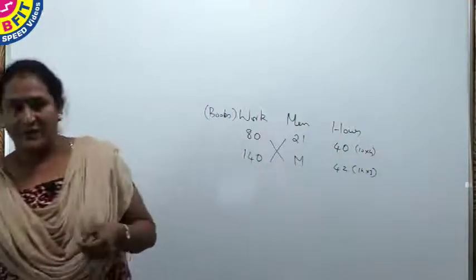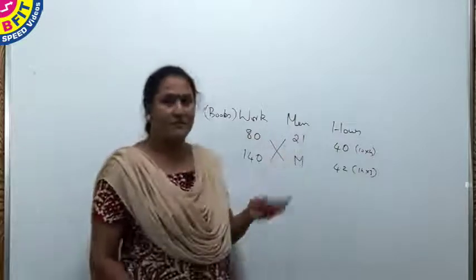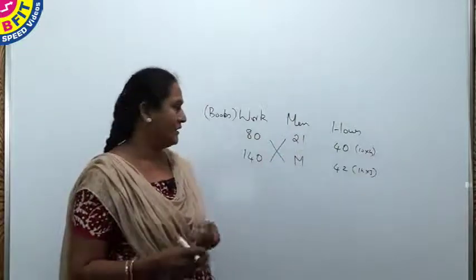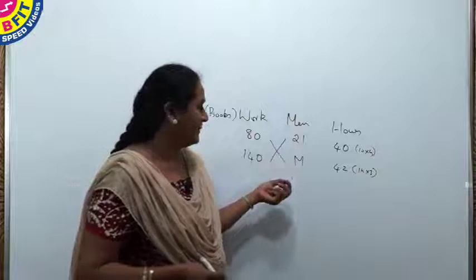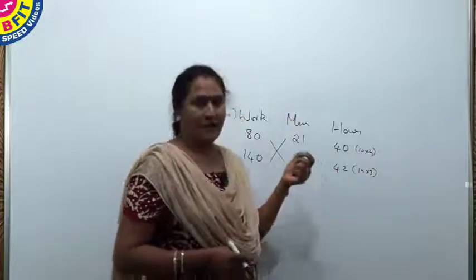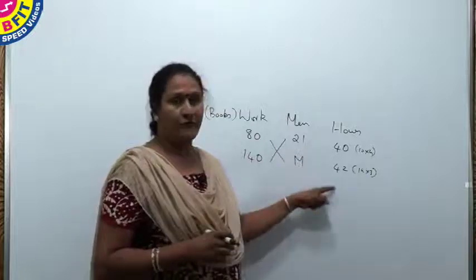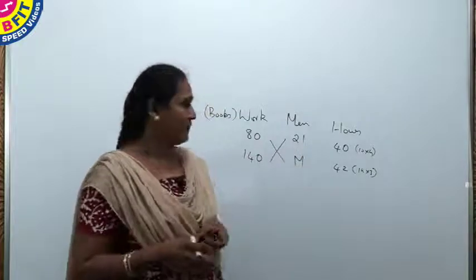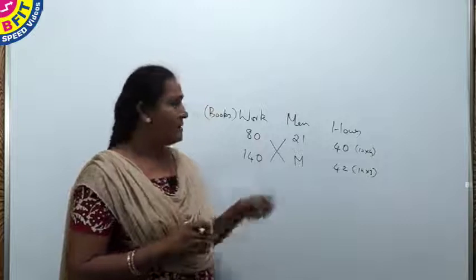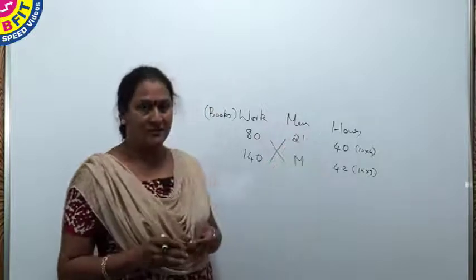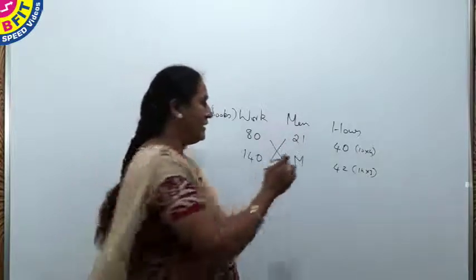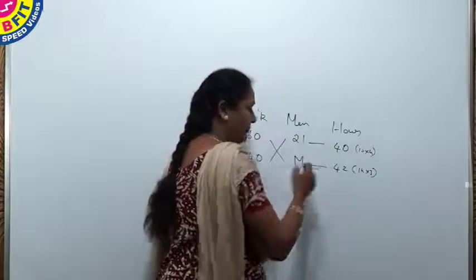Now as we have seen earlier, the other variables vary inversely with one another. So if they work for 40 hours, 21 men are needed. If they work for 42 hours, that is for more number of hours, fewer men are needed. So men and hours vary inversely. As they vary inversely, parallel products will be the same.